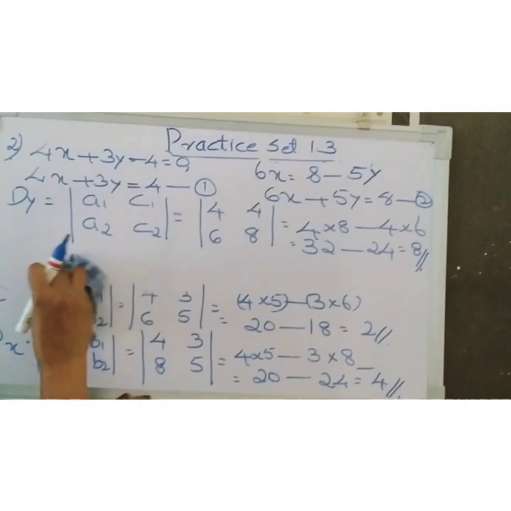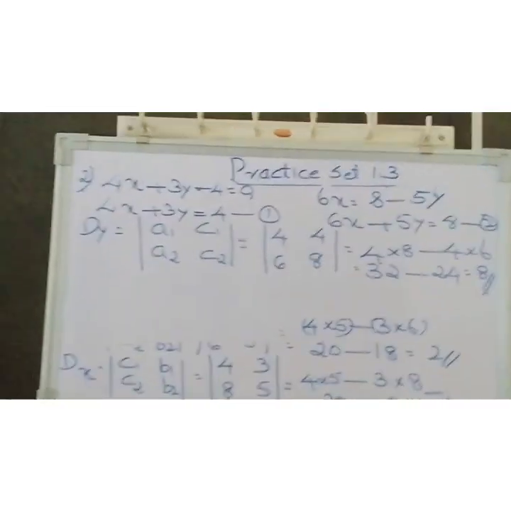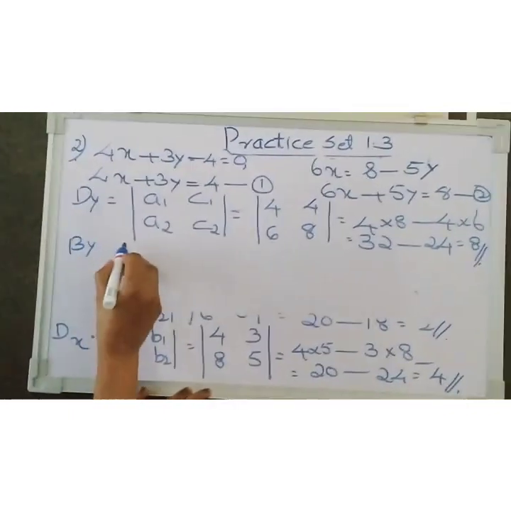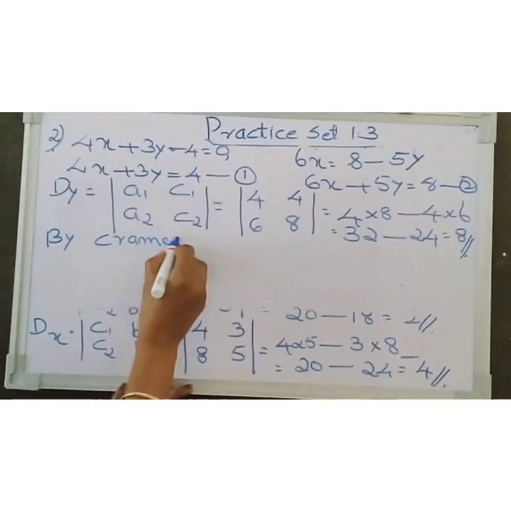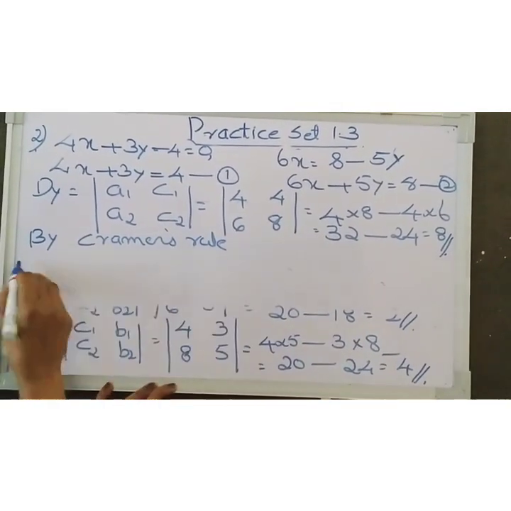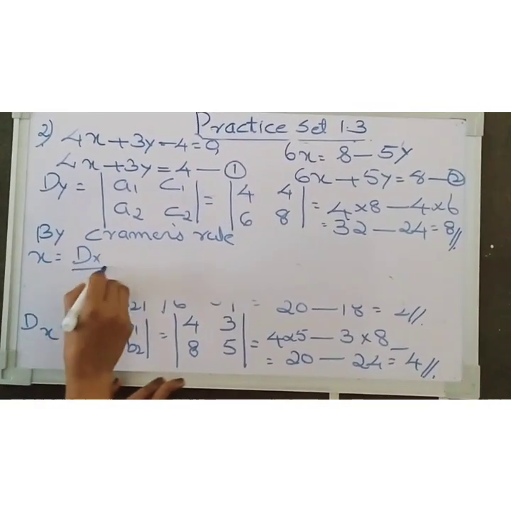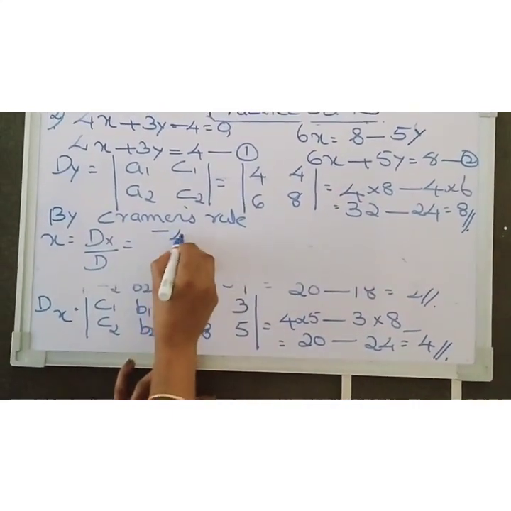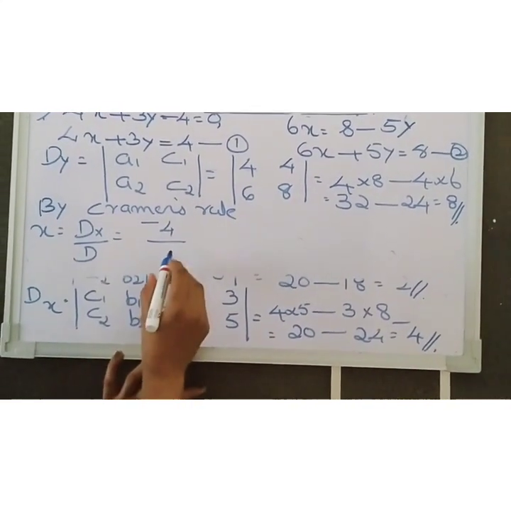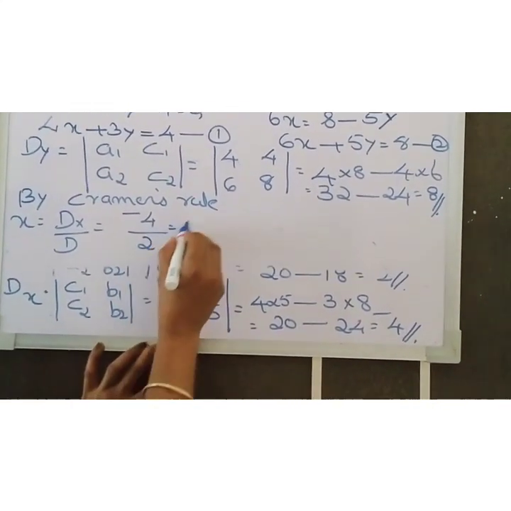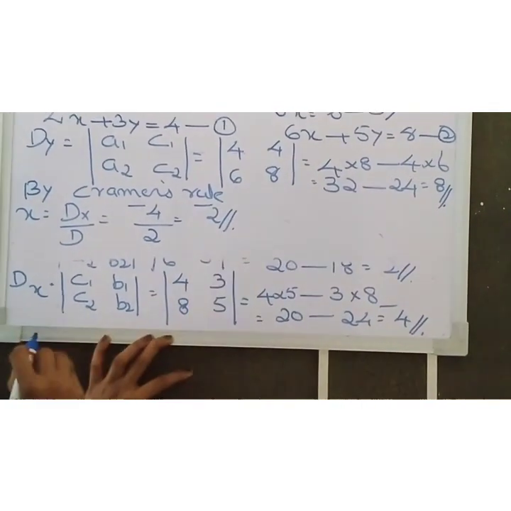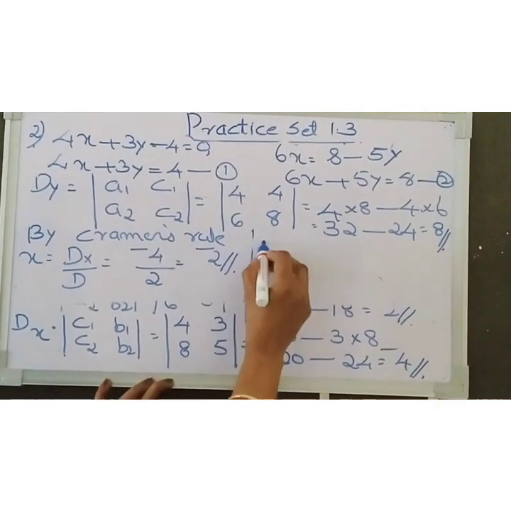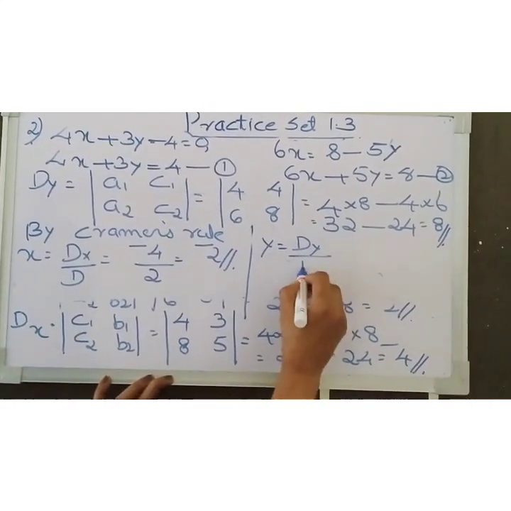And by Cramer's rule, x is equal to dx upon d. Dx is equal to negative 4 upon d is 2, which is equal to negative 2. And y equal to dy upon d.